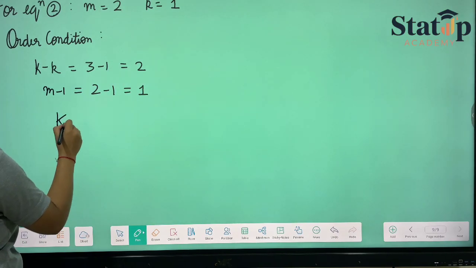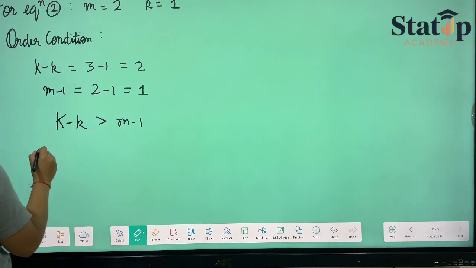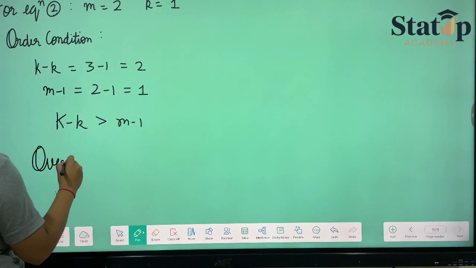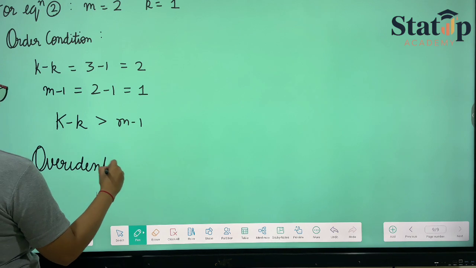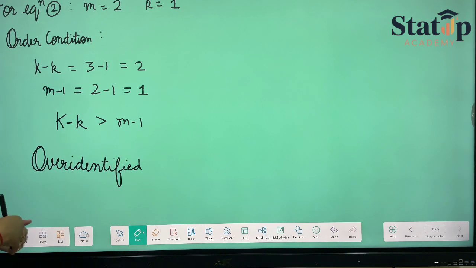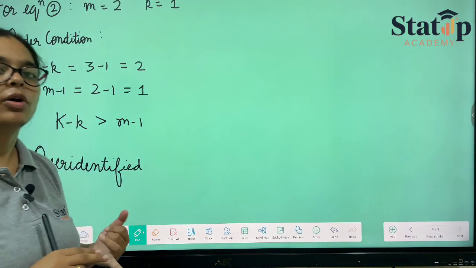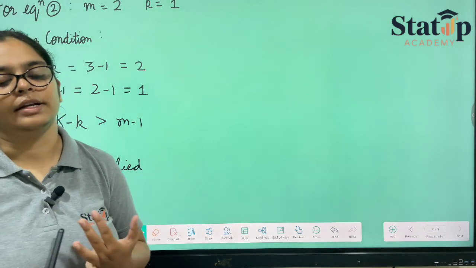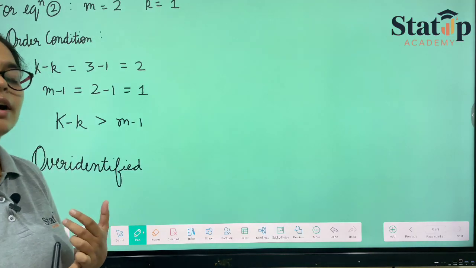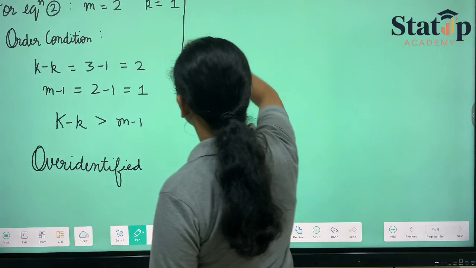So K minus small k is greater than m minus 1. So our model is over identified, but we can move forward to rank condition, because I told you when we were discussing order condition that two conditions should come, either over identified or exactly identified. If under identified comes, then we will stop there, but here over identified came, so we will move forward.